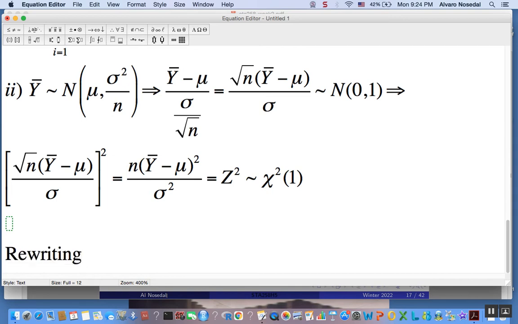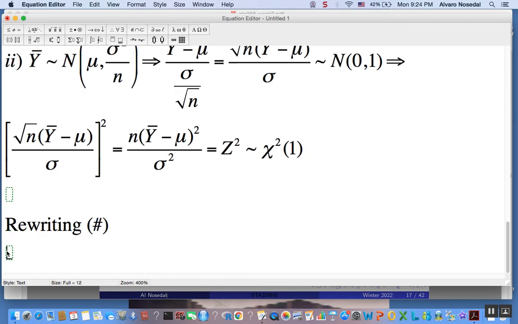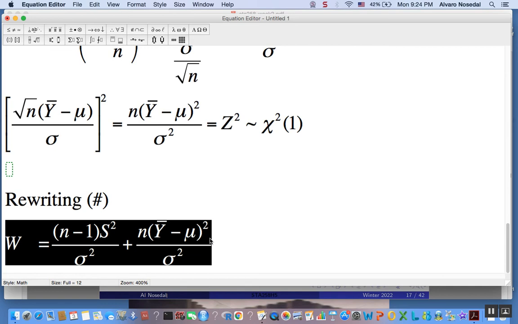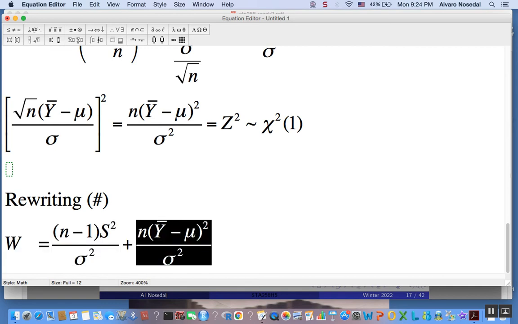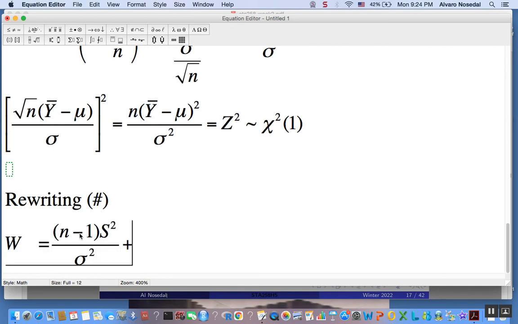Rewriting our equation hashtag, what we have is that W is the same as n minus 1 s squared divided by sigma squared plus a normal 0, 1 squared. Okay?